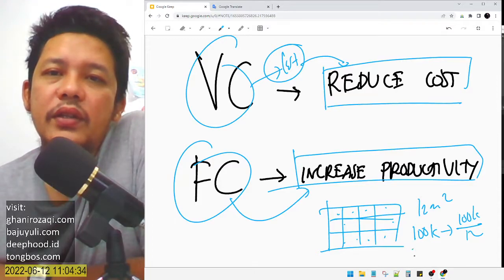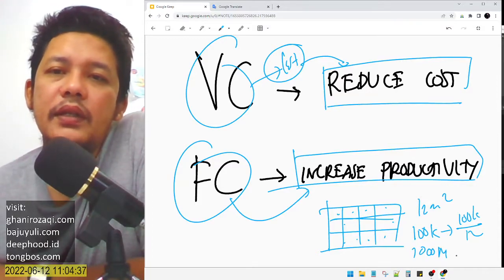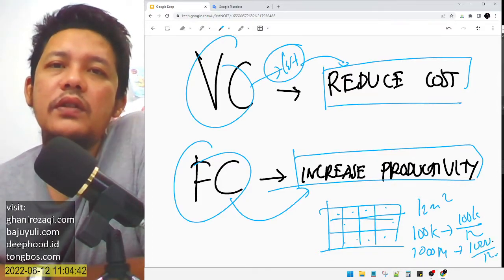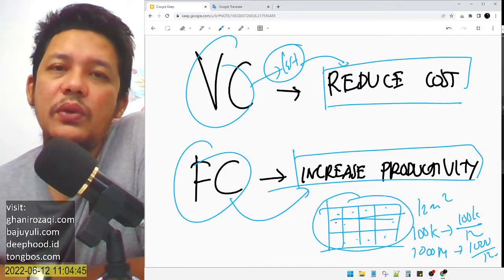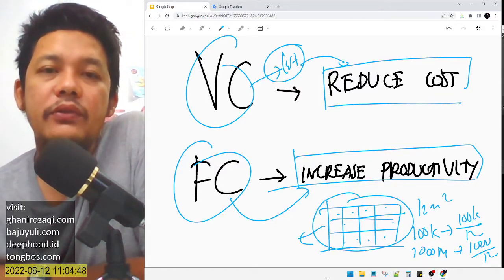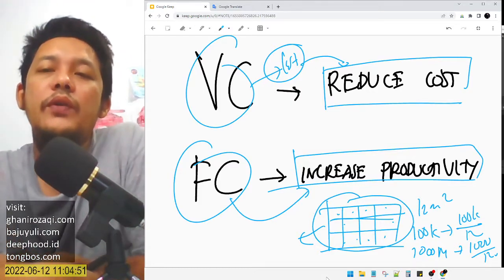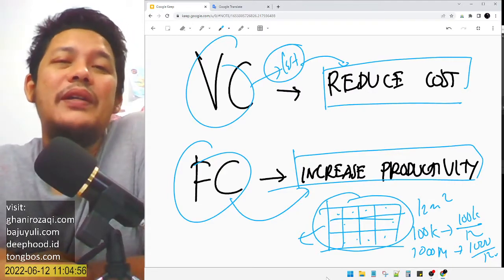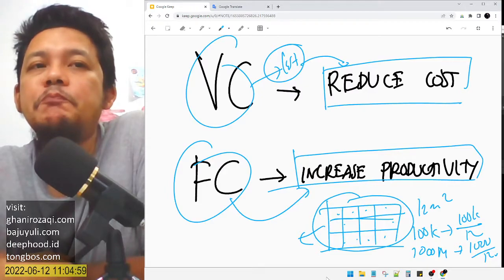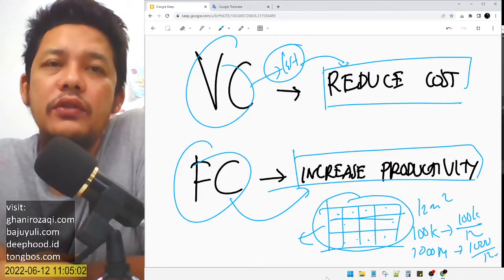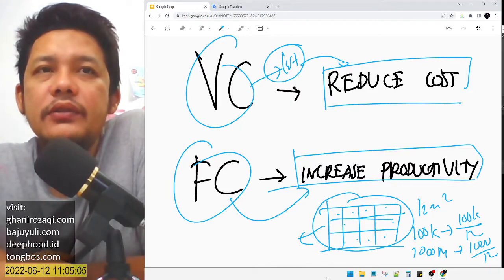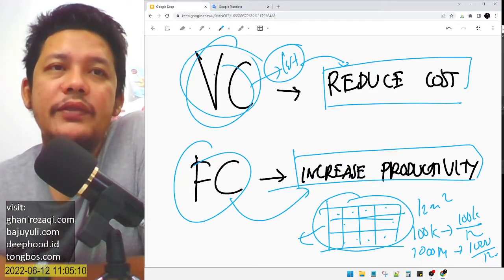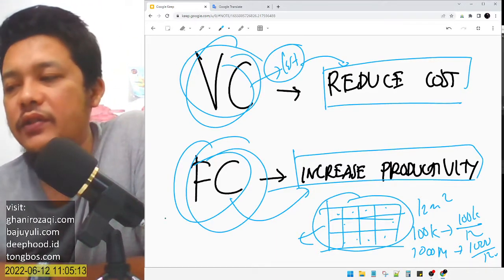And if you generate, for example, $1 million, your productivity is 1 million divided by 12. So this increases the productivity, while your rent is still the same as the previous bill, and so on. This is my experience. I've done this in my business, and I still continue to learn how to get more profit by finding which one is the fixed cost and which one is the variable cost.